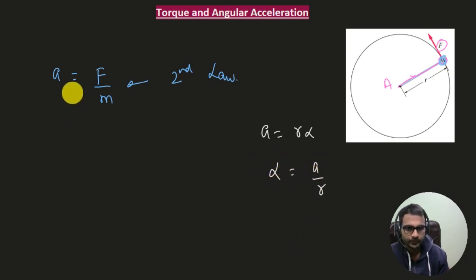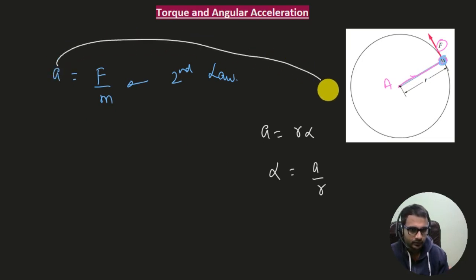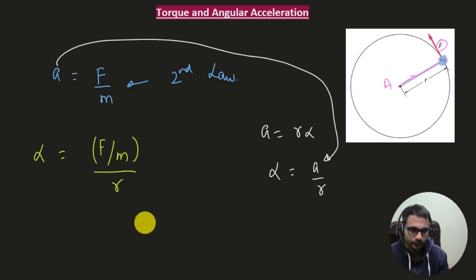Substitute the value of acceleration in this expression. So alpha will be equal to F over m, divided by r. Further, this would be equal to F over m r.